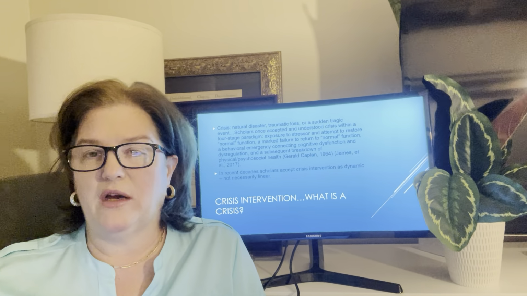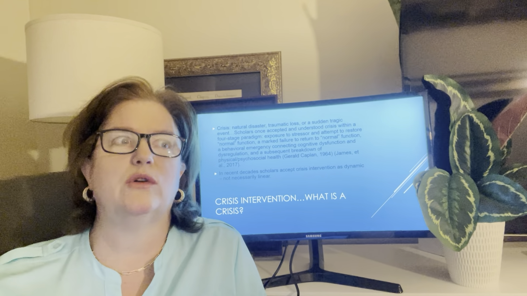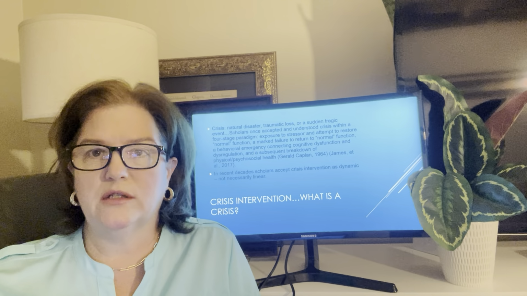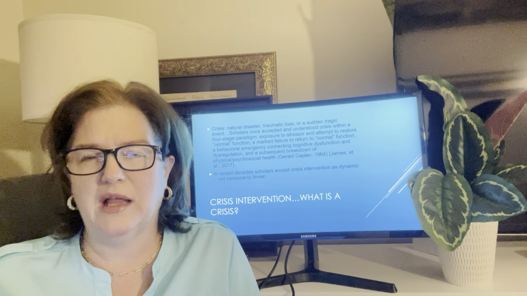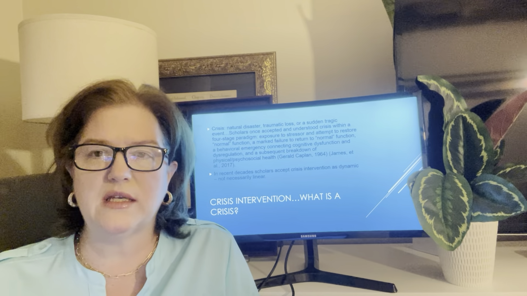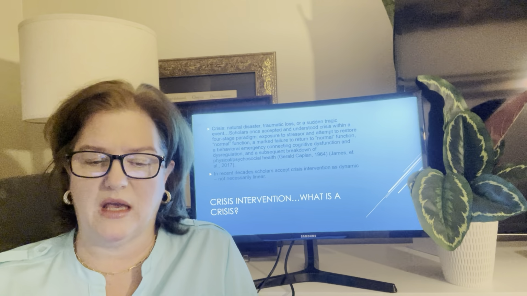And that's from Gerald Kaplan, from 1964. So that's considered an early model of what a crisis is. While that's a linear model, some of those points do still apply. It's not a given for any and all crises, but rather to be taken on a case-by-case basis.